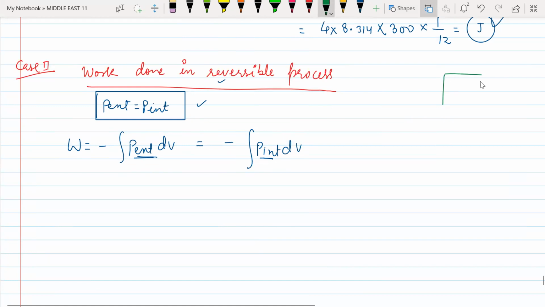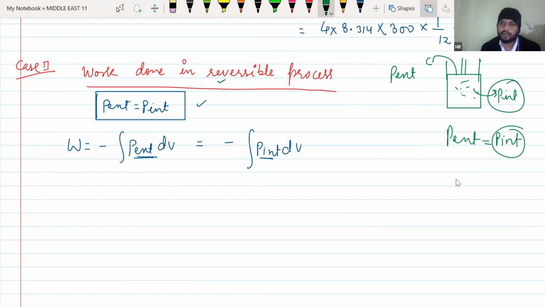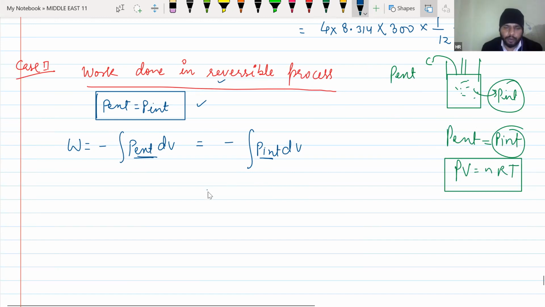Yes, sir. Because you know that there is a piston, there is a system, and here is a lot of gas, and here is the piston, and here P external, and here it is P internal. That is, P external is equal to P internal, and P internal is for gas, so we can write PV equals nRT for gas. Yes, sir. So what we are going to do: minus, in place of P internal I am going to write nRT upon V. Is it okay with you?